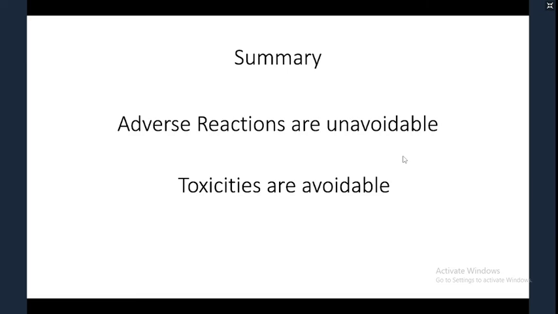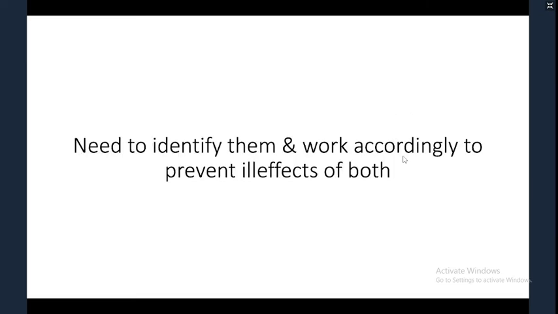Adverse reactions are unavoidable, but toxicities are avoidable. So we need to identify them and act to prevent ill health from both adverse events and toxicities, without compromising the lives of patients due to clinical conditions such as sepsis.